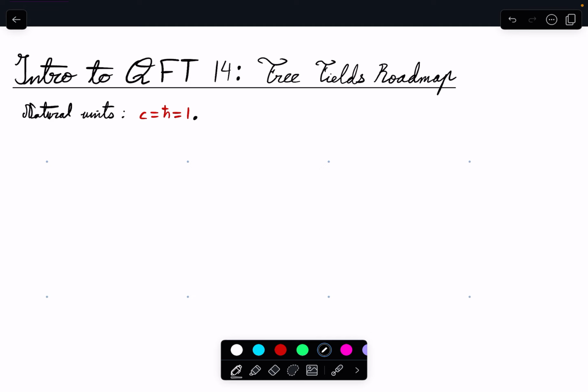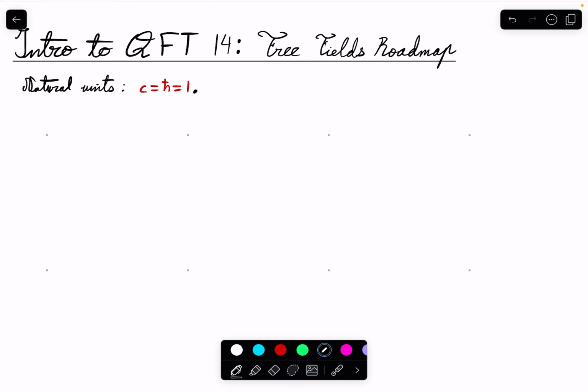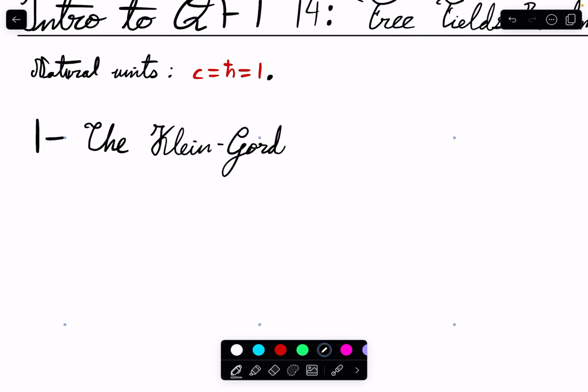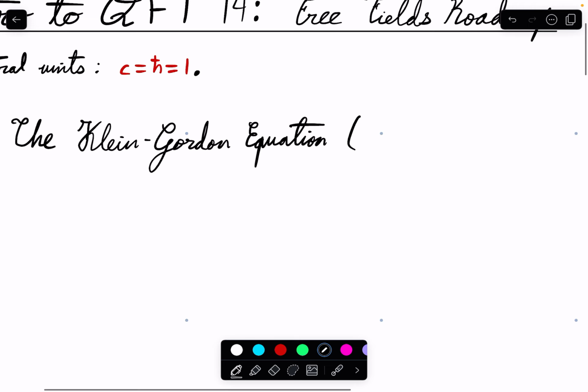So the next 10 or so videos will focus on 4 extremely important ideas, or specifically 4 equations of motion. The first equation of motion we'll focus on is the Klein-Gordon equation, which is for free scalar fields.